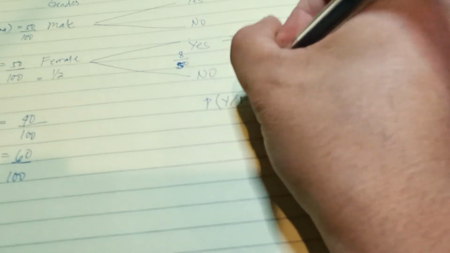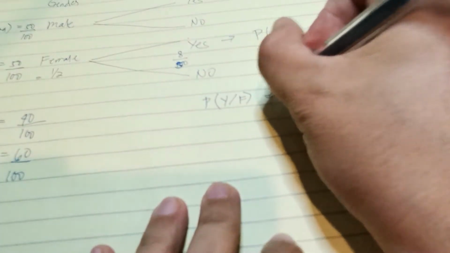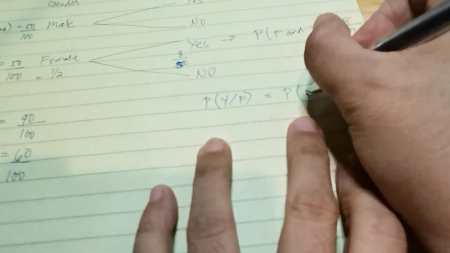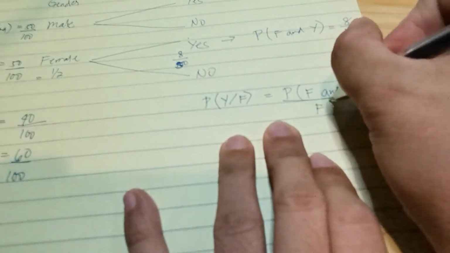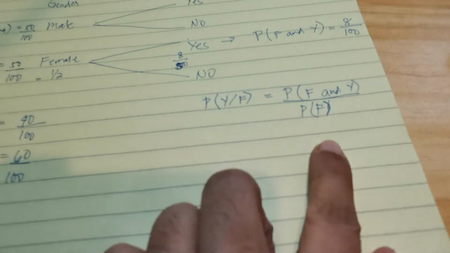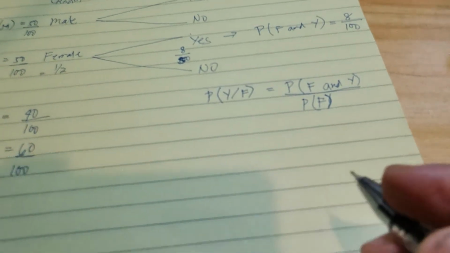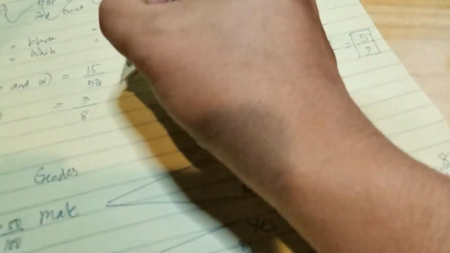So, the probability of yes given that the respondent is female will be equal to the probability of F and Y over the probability of female.